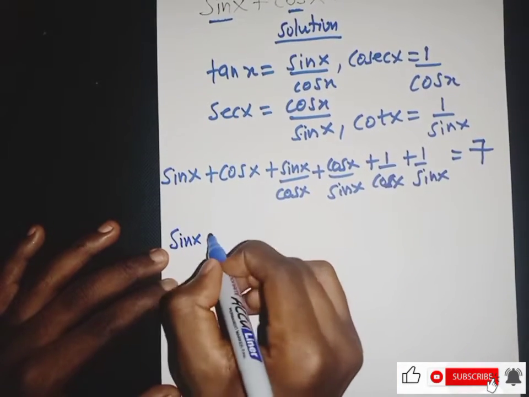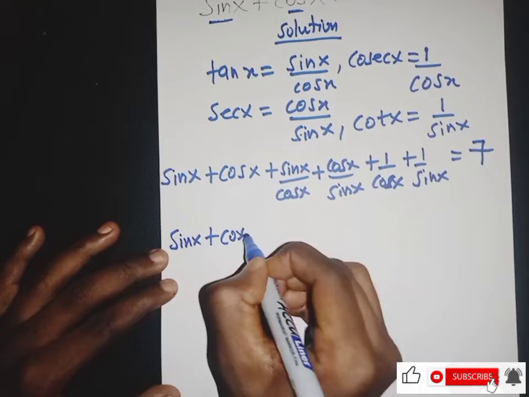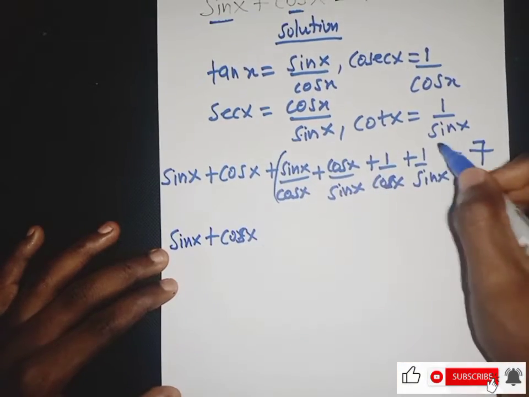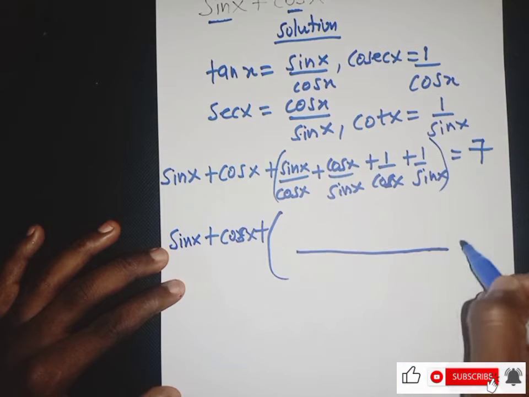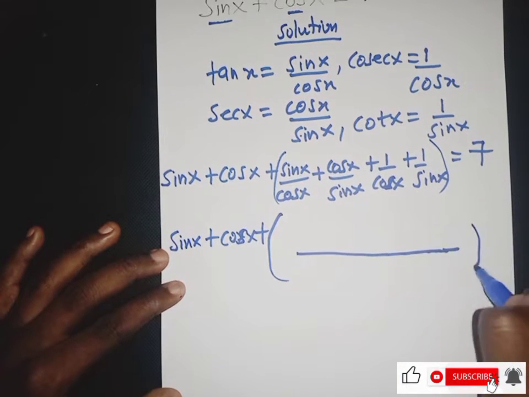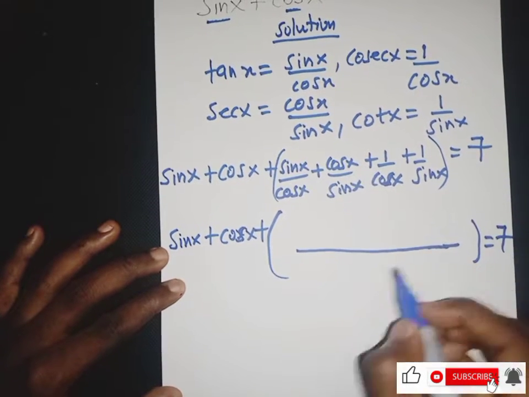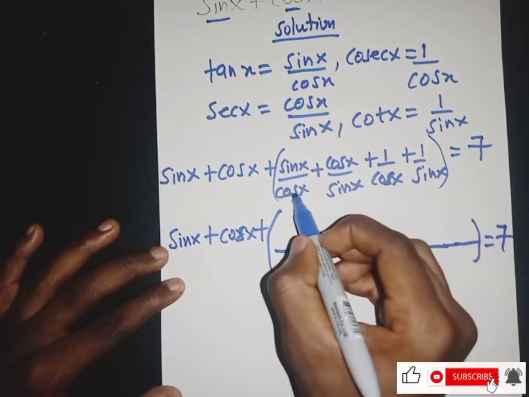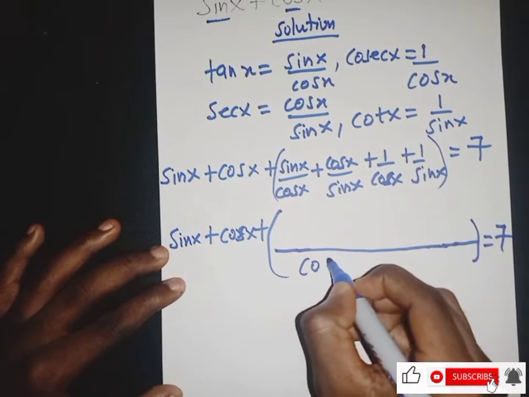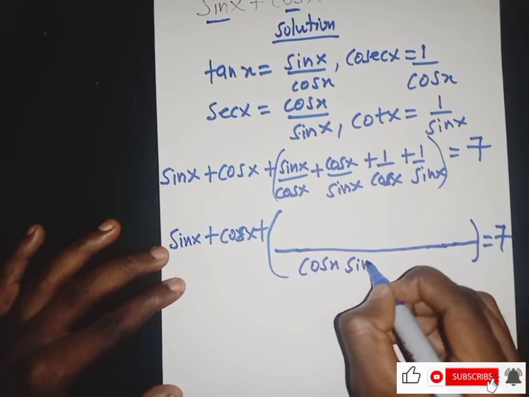So we have sine x plus cos x here. Now let's simplify the rest so that the whole of that is equal to 7. If you look at the denominator, the LCM is cos x sine x.